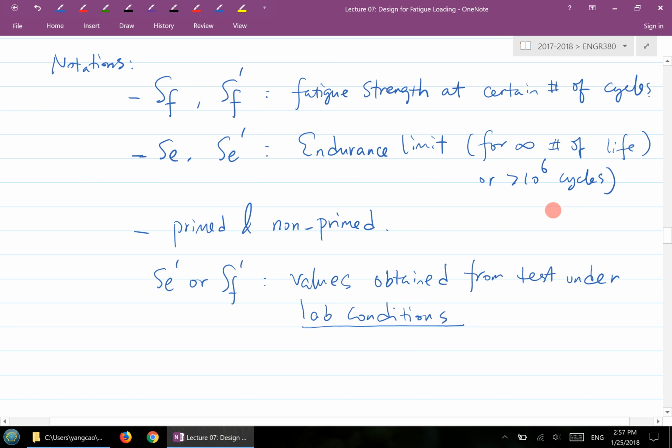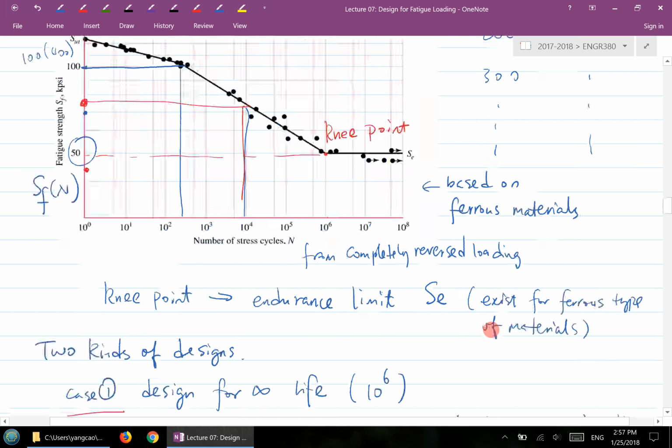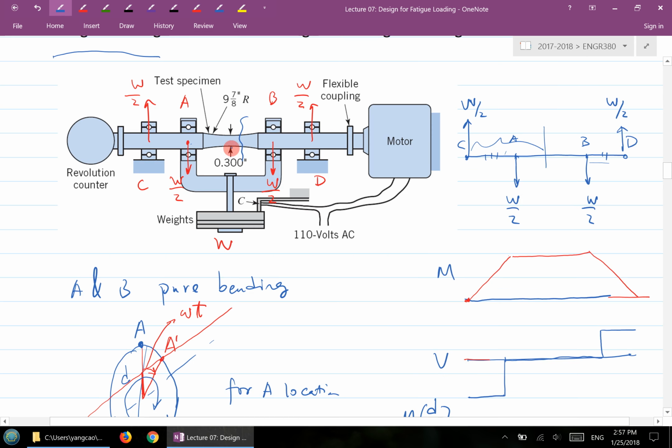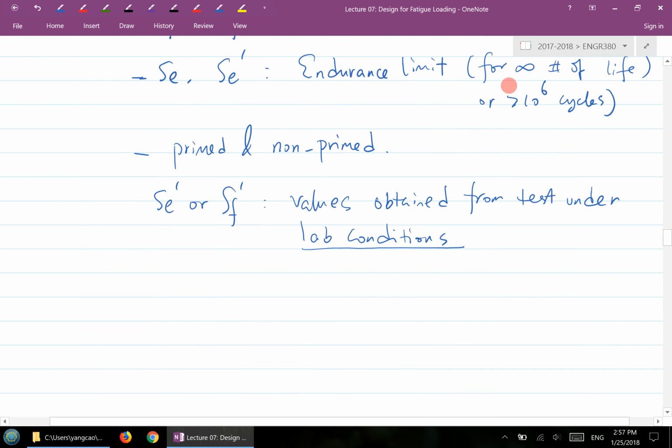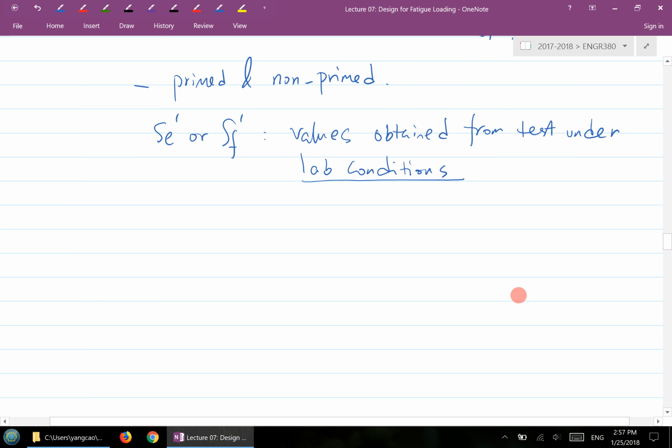Lab condition is a very strict condition. It basically means you will have a standard temperature, room temperature, and the specimen, as I showed here, will have a standard diameter of 0.3 and a standard surface finish. So those are what the lab conditions mean here.